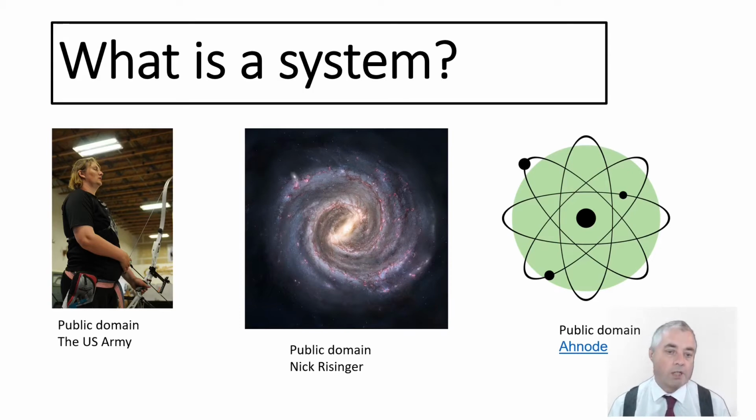So all of the stars and the black hole in the centre of the galaxy and the clouds of dust and gas and any planets and moons that there might be, they're all interacting with each other, mostly through the force of gravity. That is a system. And on the right, we've got a very tiny system, which is an atom, which is made of protons and electrons and neutrons, and again they're all interacting with each other, so all three of those things are systems.